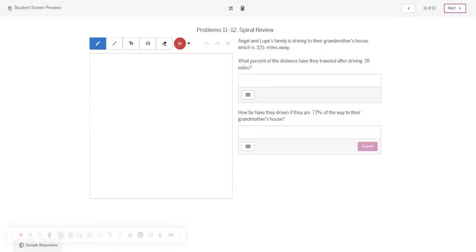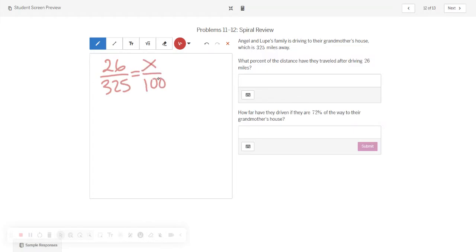Okay, and then percentages. We're looking at decimal division here. And so if you use a calculator, that's fine because it's kind of ugly. But I set it up as a proportion. I said, 26 is to 325 as x is over 100.